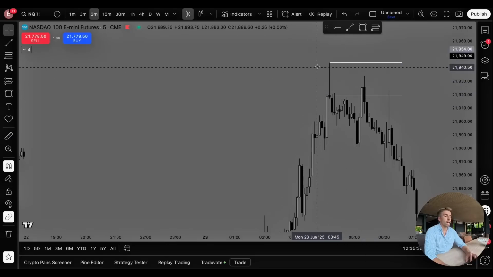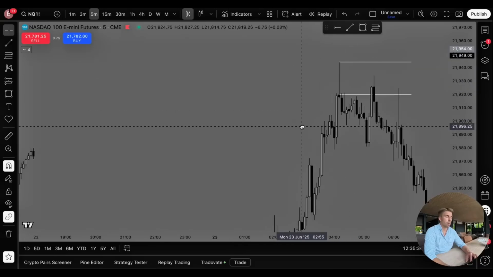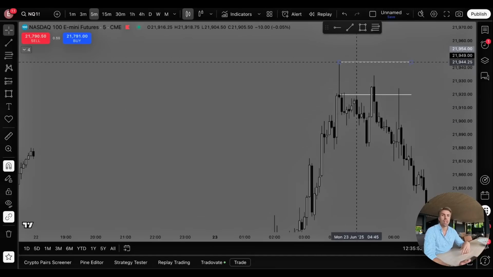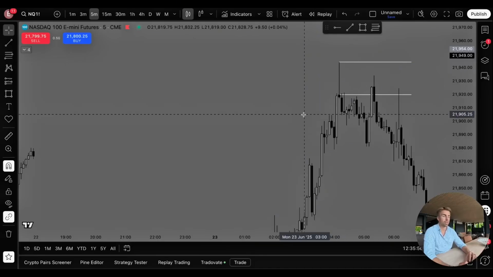Now here we have the very basic setup of our rejection block. But these closes, if you want to call them that, occur all the time, every day, all day, and they fail a lot. So what do we do with that information? We can actually put criteria on the rejection blocks to make them higher probability.